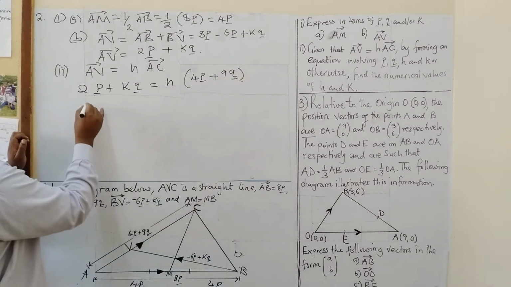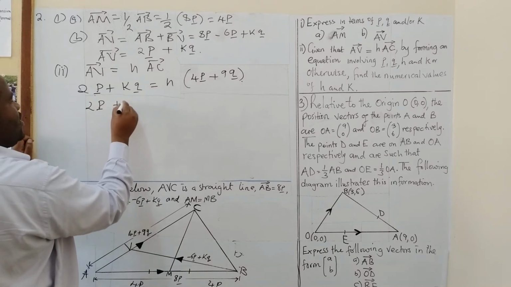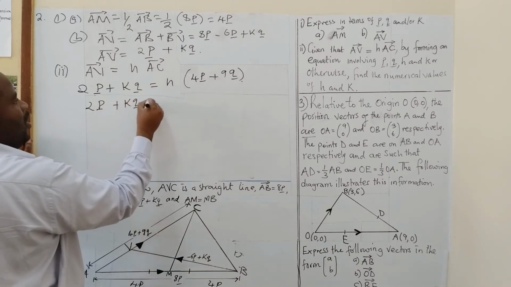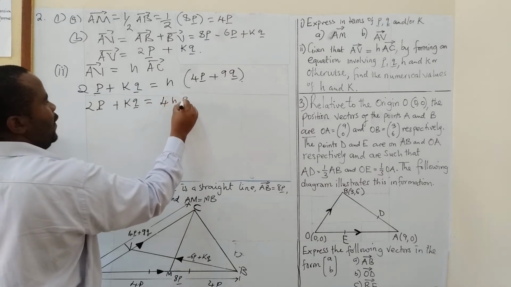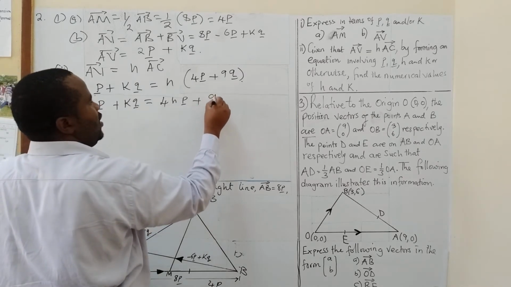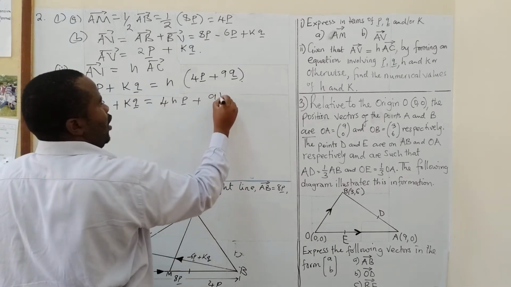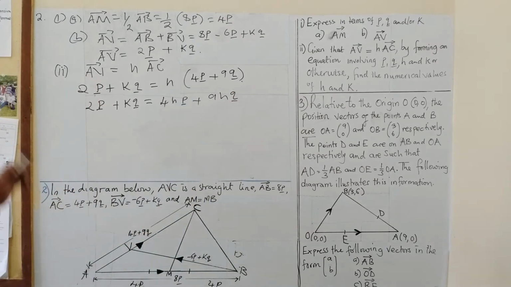So here you say 2p plus kq is equal to 4hp plus, you distribute here, plus 9hq, right? So this will be equal to that.